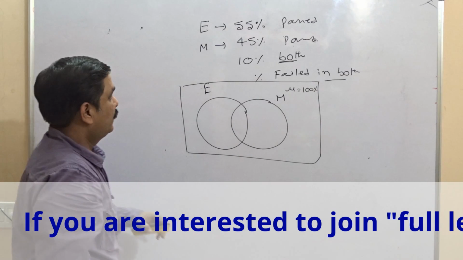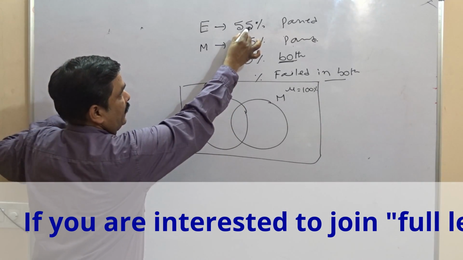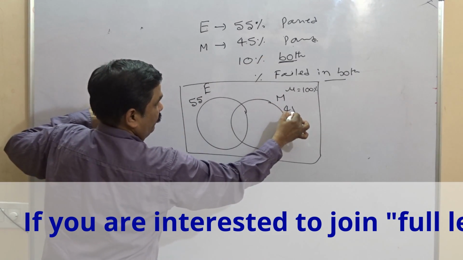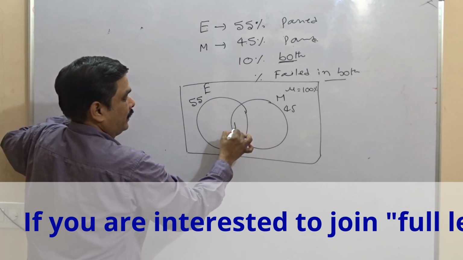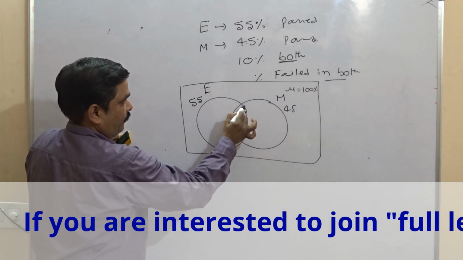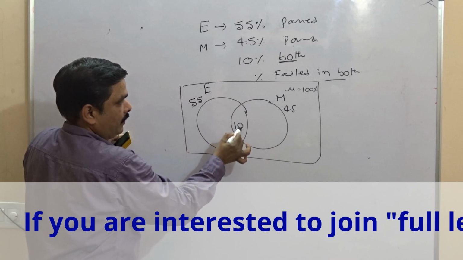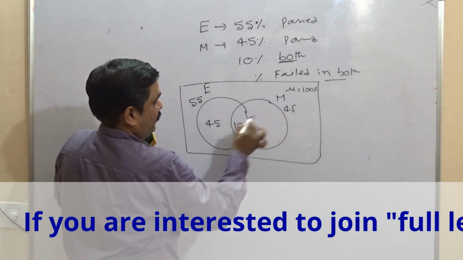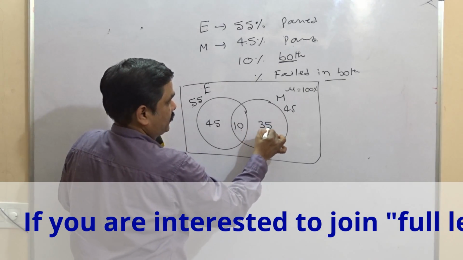Students qualified in English in total 55%, maths 45%, both 10%. When English is 55, already 10 is here, 55 minus 10, 45% here. Now it is 45 minus 10, 35% here.